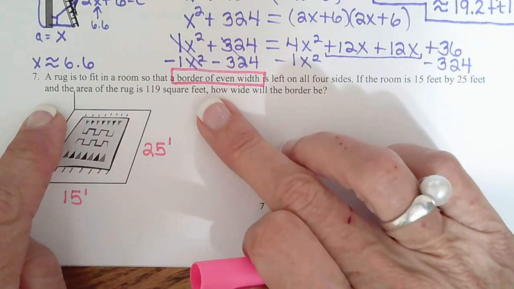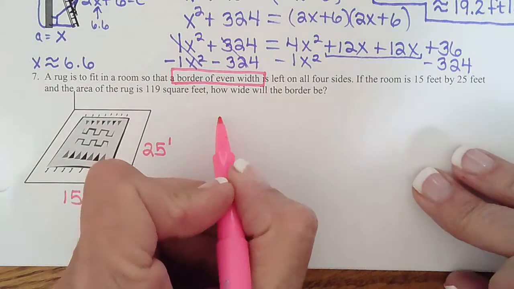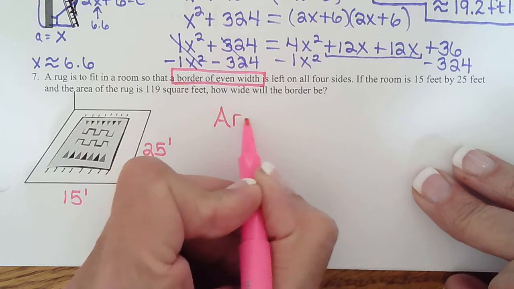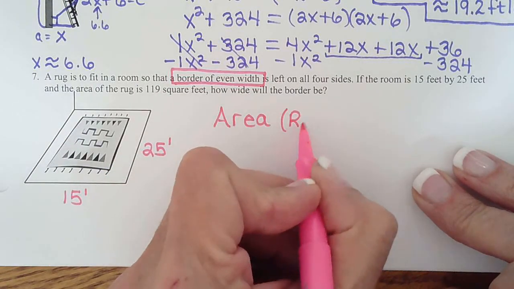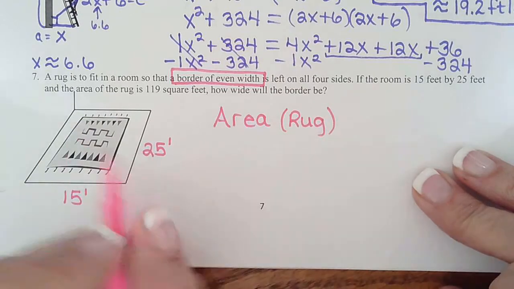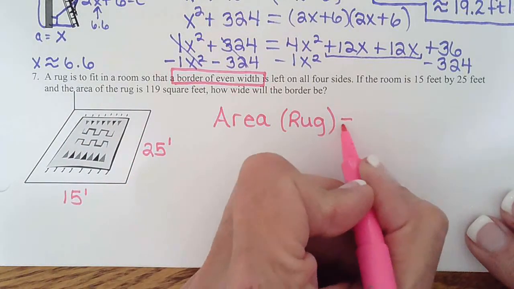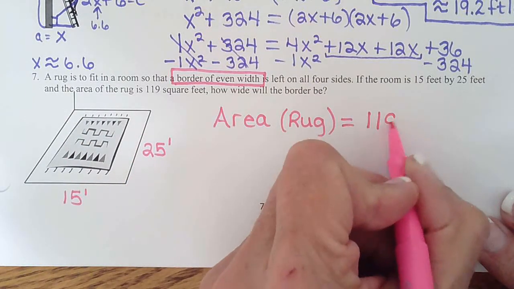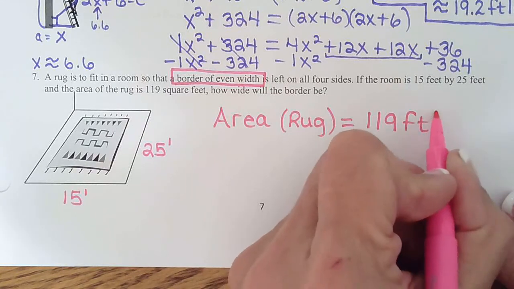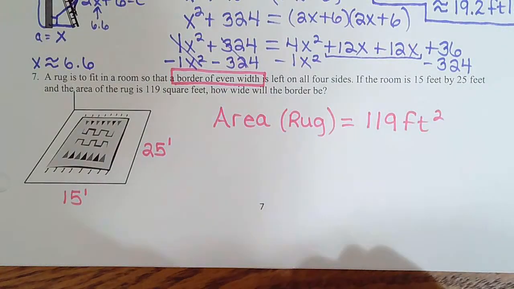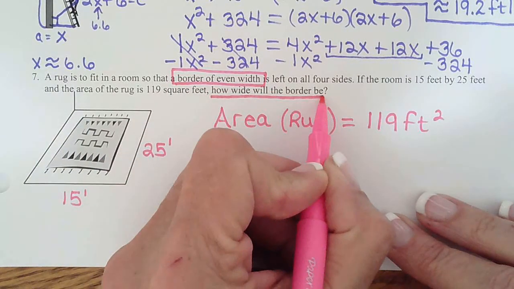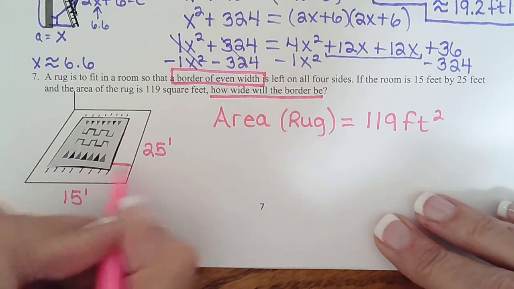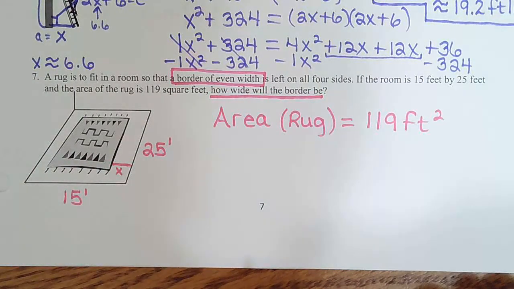And the area of the rug, so let's write that here, area of the rug is 119 square feet. So 119 feet squared. How wide will the border be? So that's what we're going to call X. And we'll pick up from there on the next video.